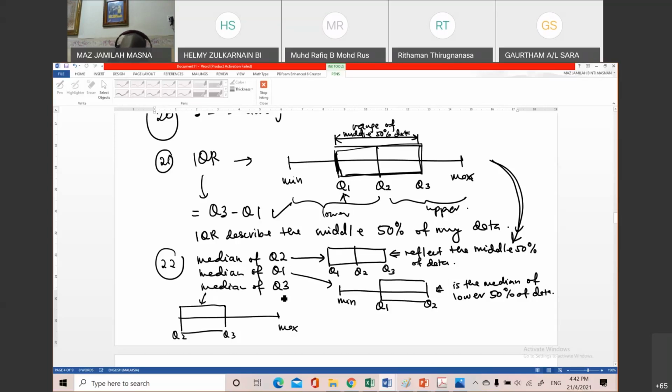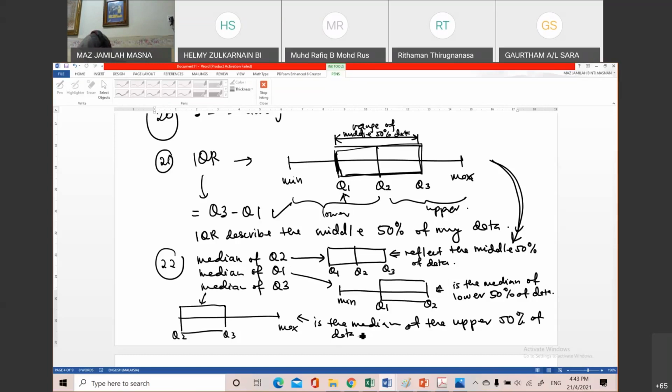So median of Q3 is the median of the upper 50% of data. Understood, class? Yes. Okay, now let us finish quickly.